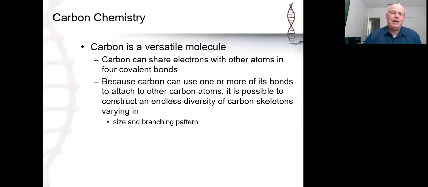And here you would have to cast your mind back to chapter 2 and remember that 96% of all the atoms in an organism can be accounted for by just 4 elements, carbon being 1, but the other 3 being oxygen, hydrogen, and nitrogen. And it turns out that all 4 of these elements can form covalent bonds with each other, and particularly with carbon.